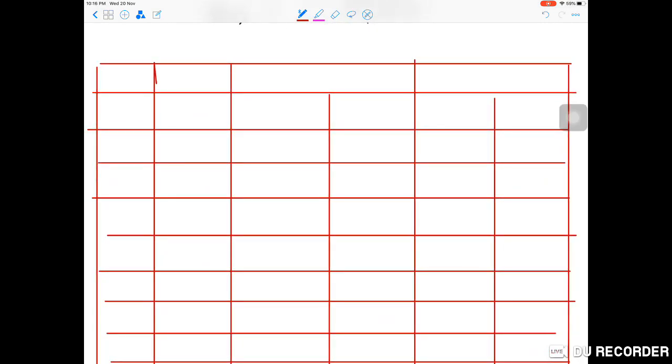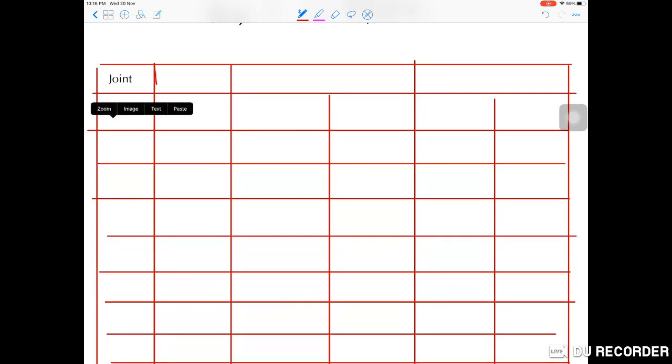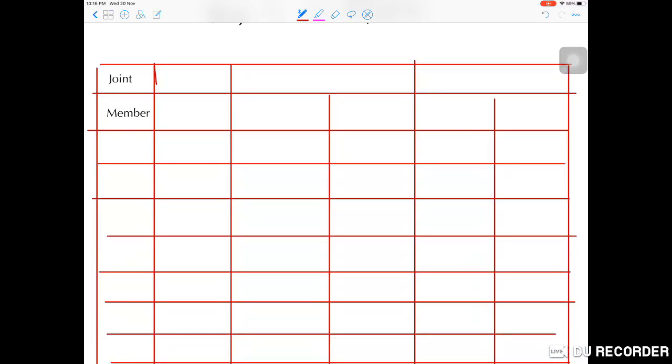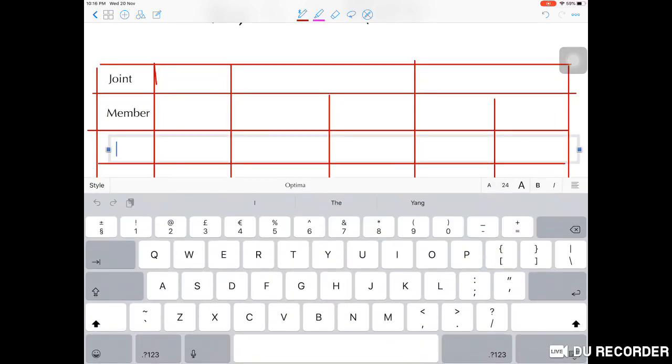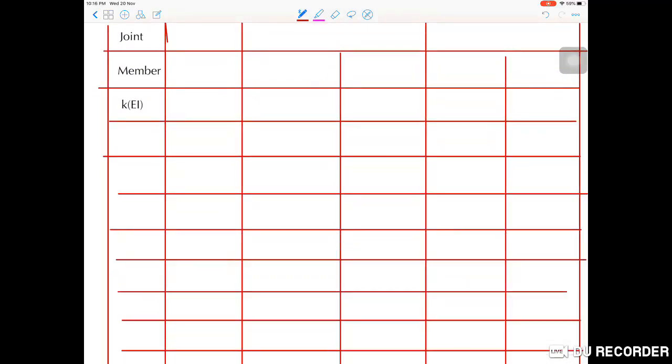This is joint. We need to determine K in order to determine DF, and K is in terms of EI.